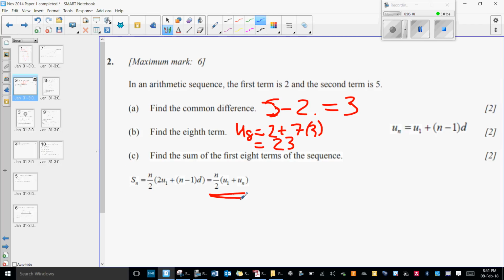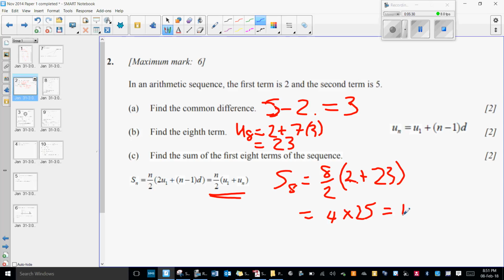So S8 is going to be 8 over 2 brackets 2 plus 23, which is 4 times 25, which is 100. Obviously you could have used this formula as well, it just takes a little bit longer.